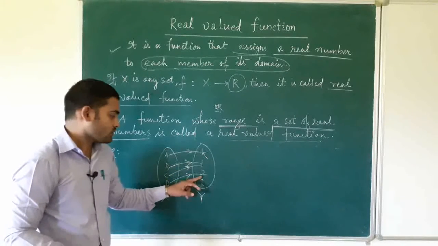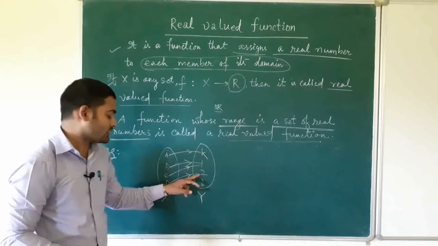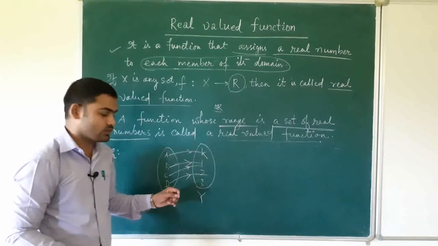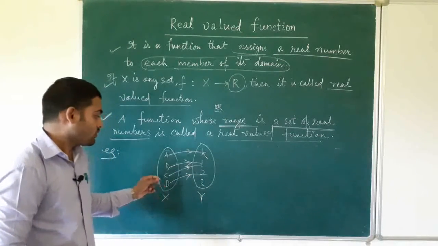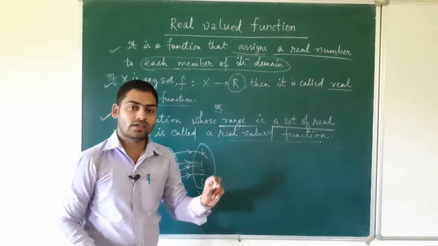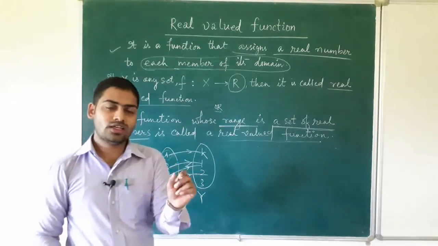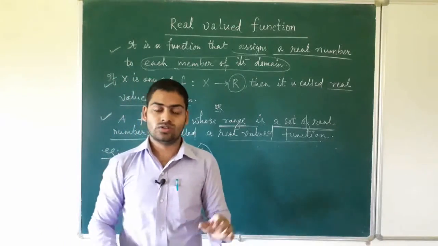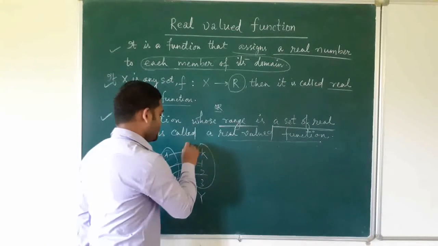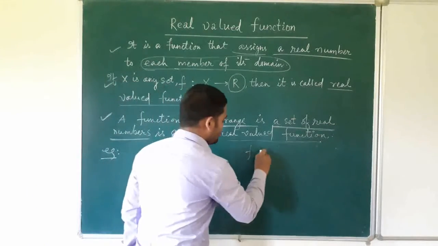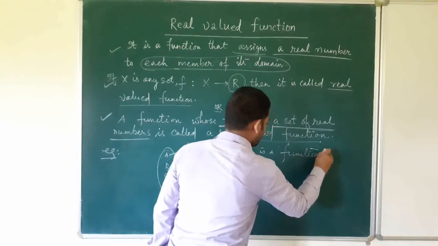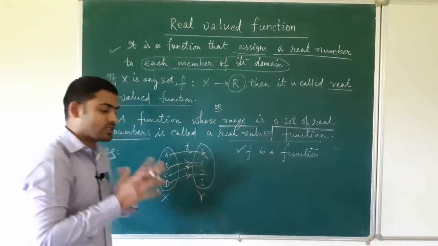D is related to exactly one element of Y, that is 2. So for each input we have only one output. So this relation f is a function.